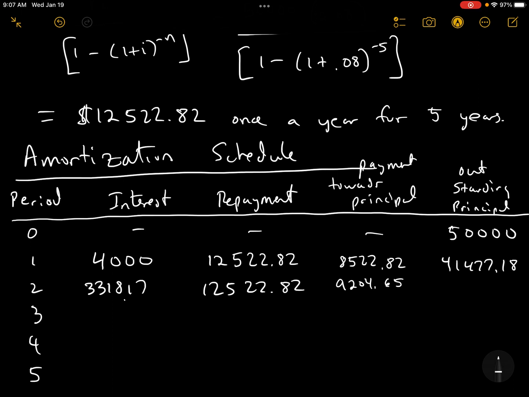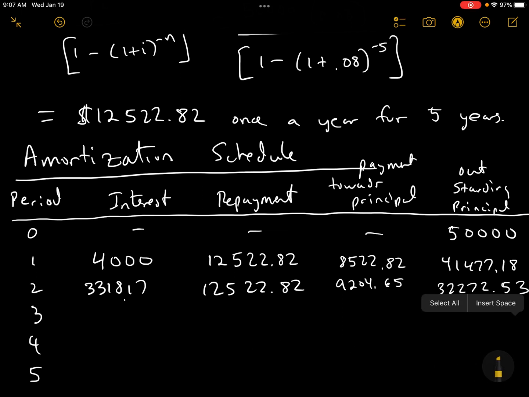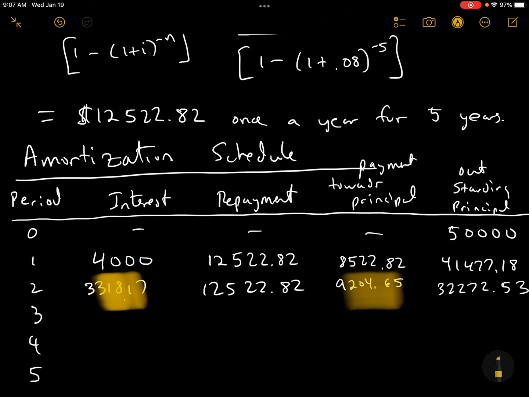And then you subtract that off. And now you get $32,272.53. So note that the interest went down here. The amount of interest you paid went down, and the amount toward the principal went up, and that's good.